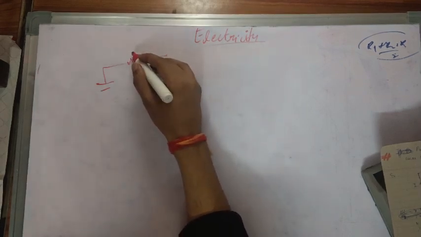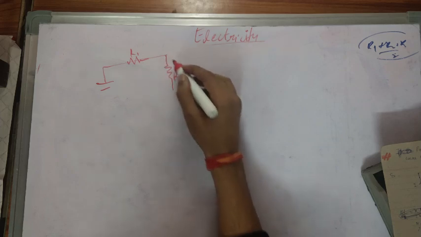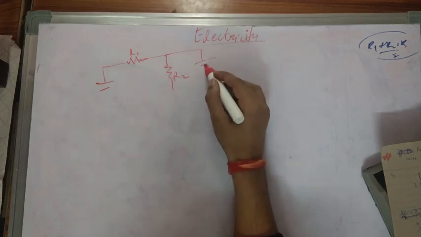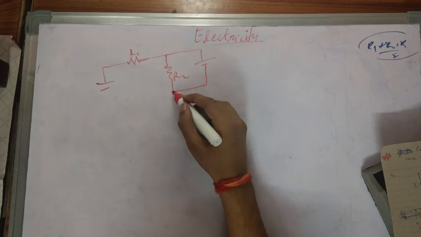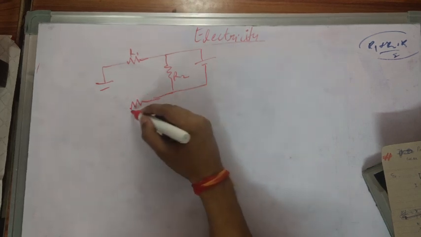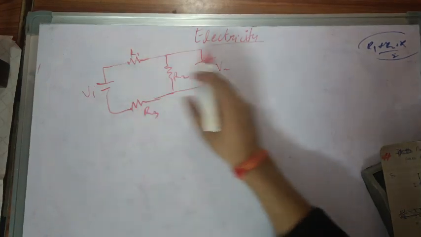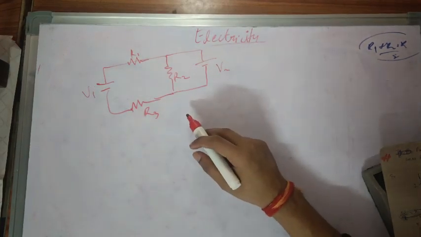This is a resistance, let's say R1, and this is resistance R2. This is a V1 potential and this is a V2 potential. This is a circuit connected like this.